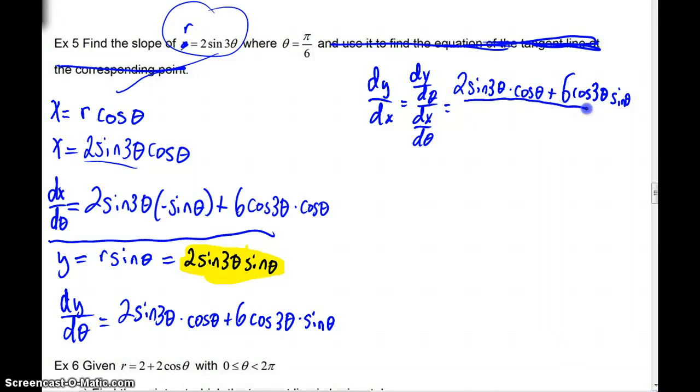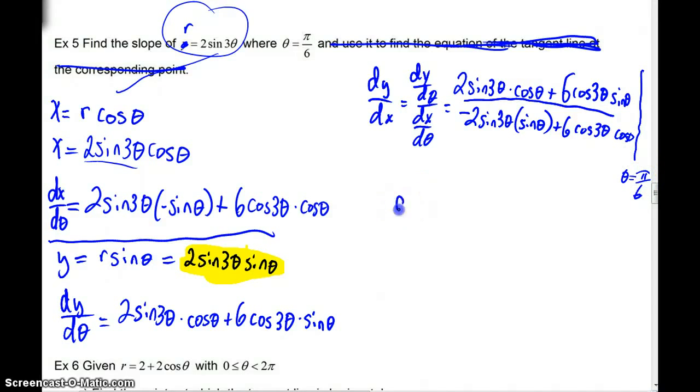Down below, we have dx d theta. You could bring your negative out in front there: negative 2 sine of 3 theta times the sine of theta plus 6 cosine of 3 theta times the cosine of theta. One more thing, we're going to have to evaluate this when theta is equal to pi over 6.